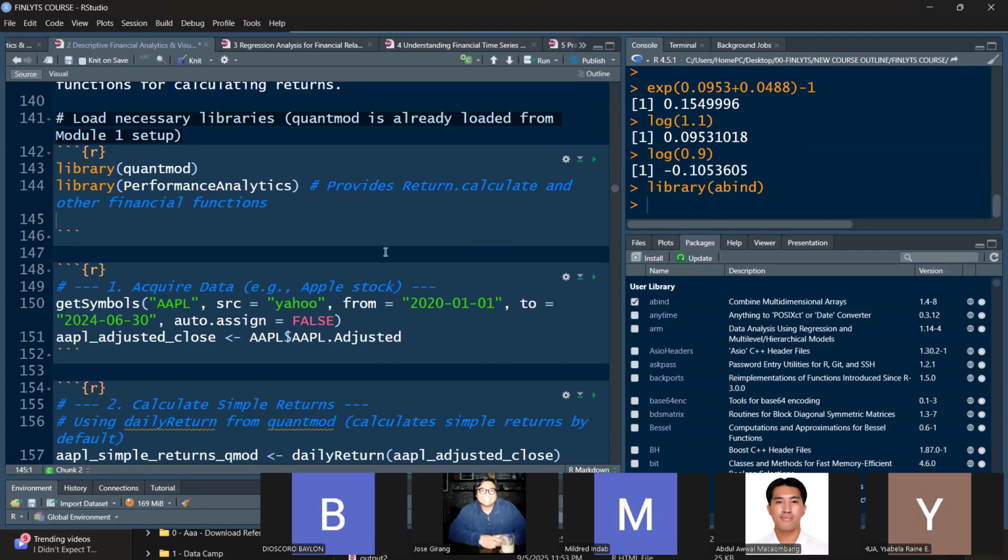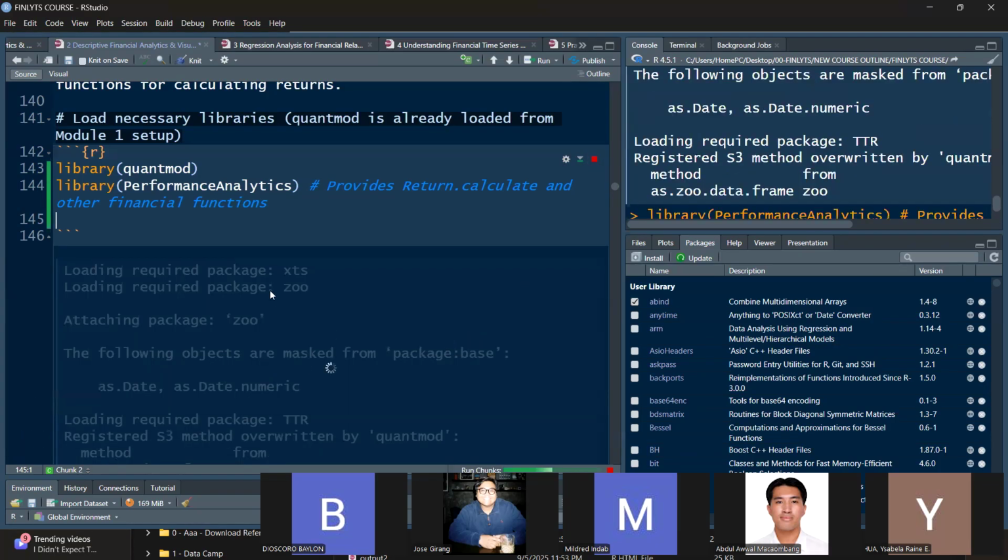Same with PerformanceAnalytics. So once you have installed quantmod and PerformanceAnalytics, use library in order to make it available.